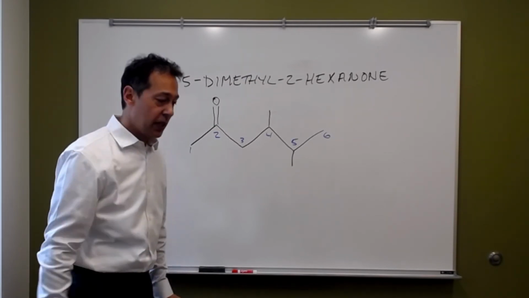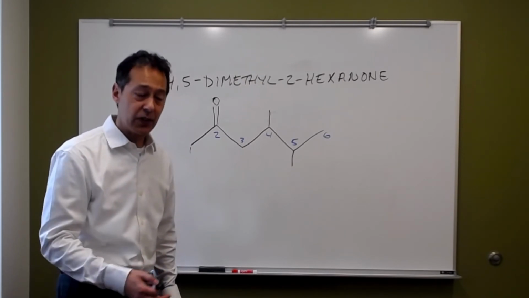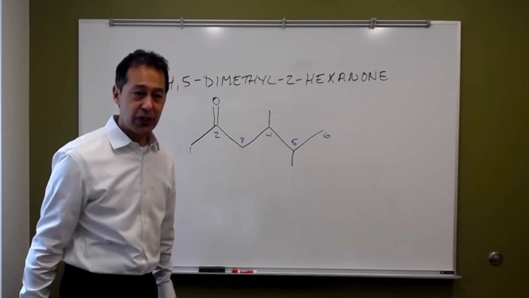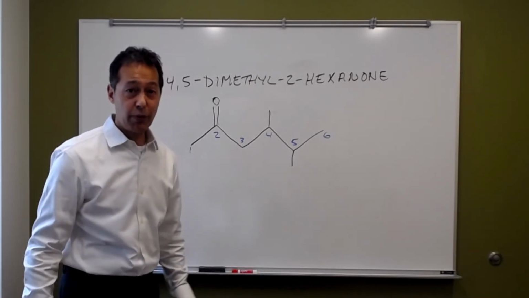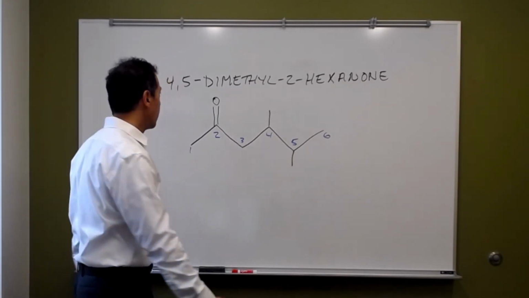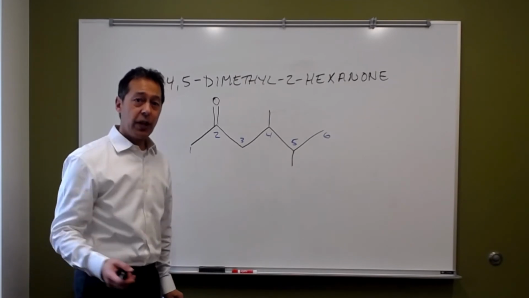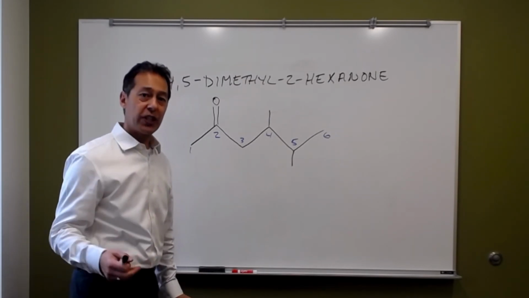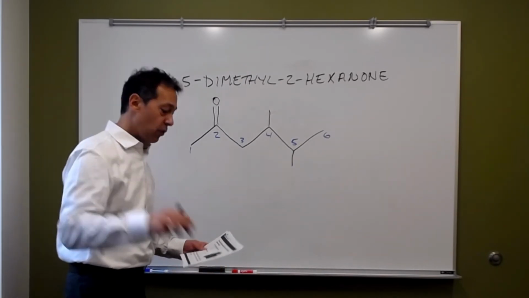Now, musk was a fragrance that was really popular in the 70s. And if you know anything about the 70s, or if you lived through the 70s like I have, it's a decade you probably like to forget. I mean, disco, what the heck were they thinking? All right, so anyway, this molecule here is what's added to fragrance because it allows the fragrance to persist or to last longer.